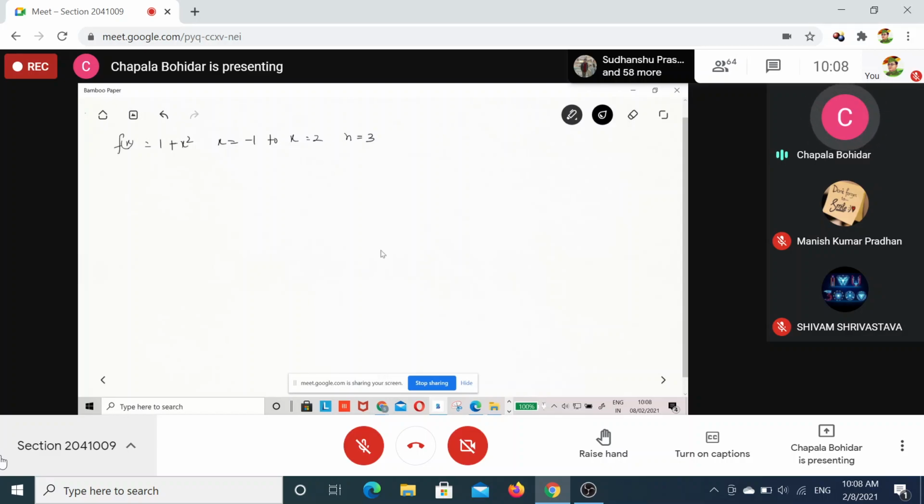Then improve your estimate by using 6 rectangles, so n is equal to 6. Sketch the curve and the approximating rectangles. Okay, this is your part A: n is equal to 3, right endpoint.